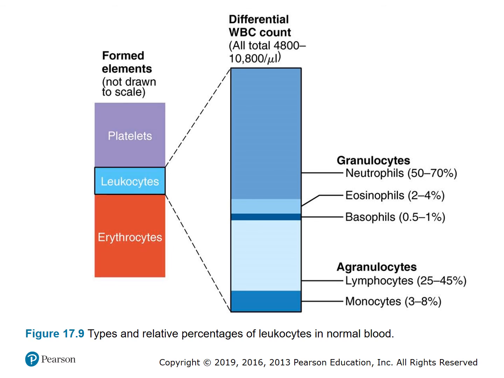All total is between 4,800 and 10,800 per microliter, as we said. Eosinophils are 2 to 4%. Basophils are 0.5 to 1%. Among the agranulocytes, lymphocytes constitute 25 to 45%, and monocytes 3 to 8%.